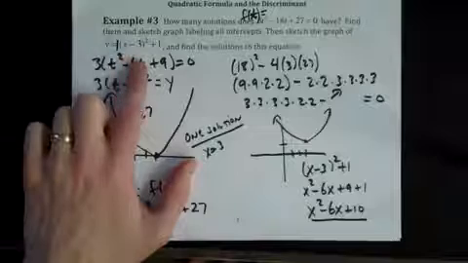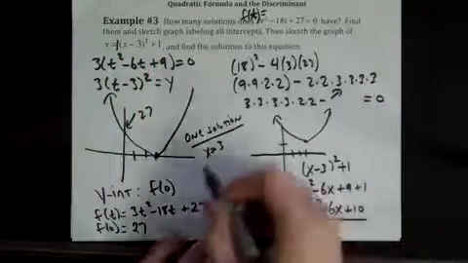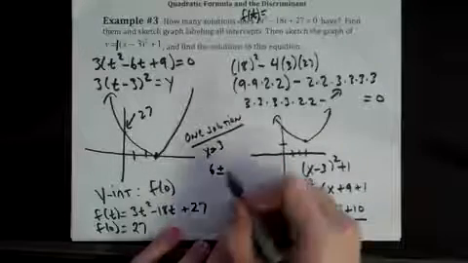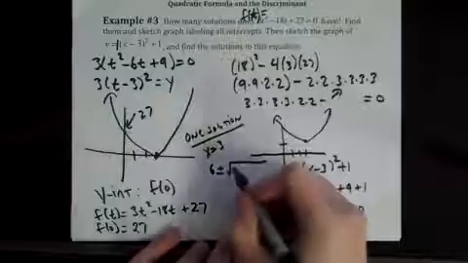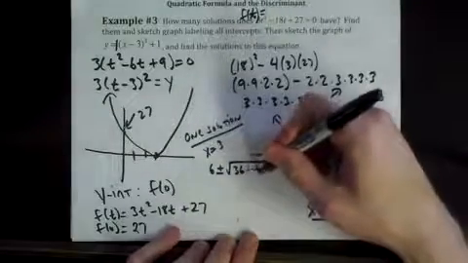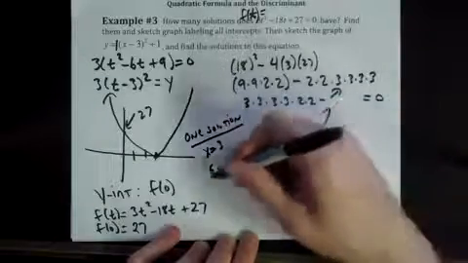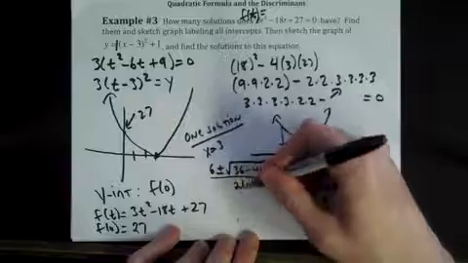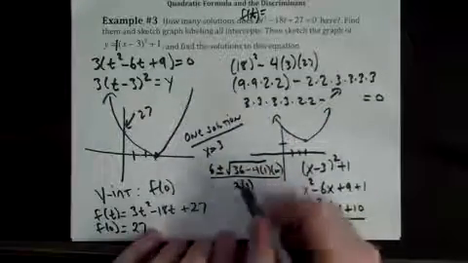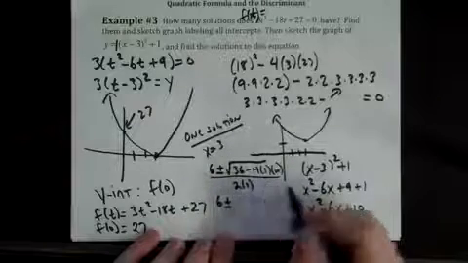If I was to plug into the quadratic formula, you'd get, so I'm going to need some room here, so I'm going to come over here. 6 plus or minus, so b squared is 36, a is 1, so this, 36 minus 40 is negative 4.